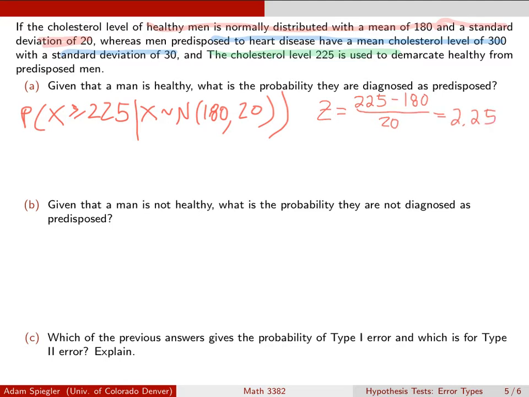Then we can calculate this probability as 1 minus pnorm of 2.25, since we're going to the right. That comes out to be 0.0122. What this probability represents is a 1.22% chance of telling a healthy person that they are not healthy.